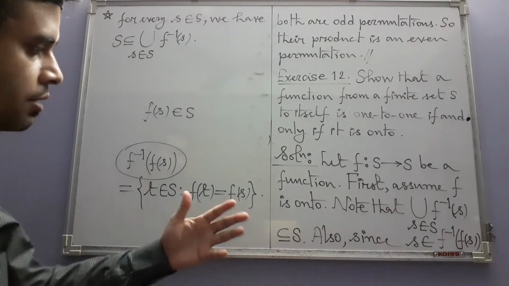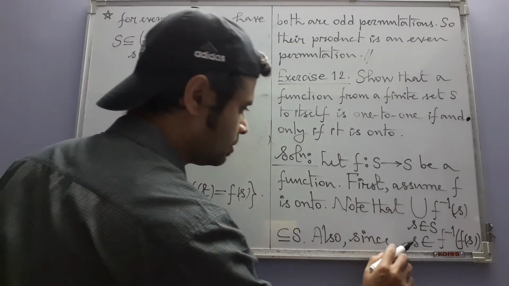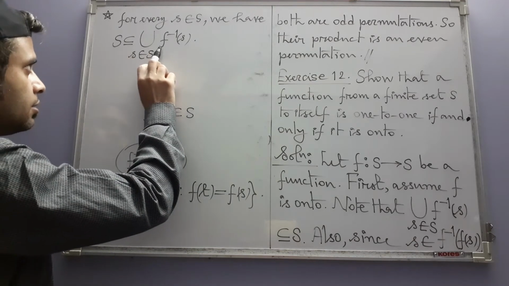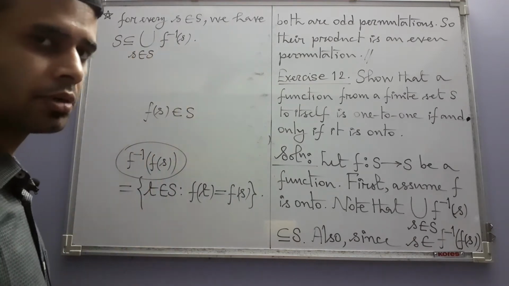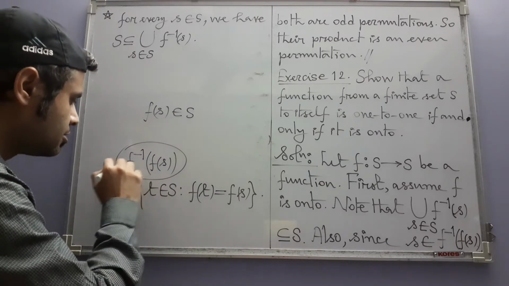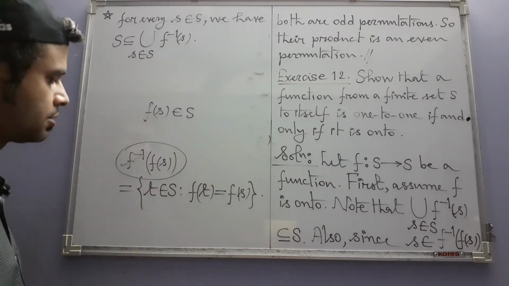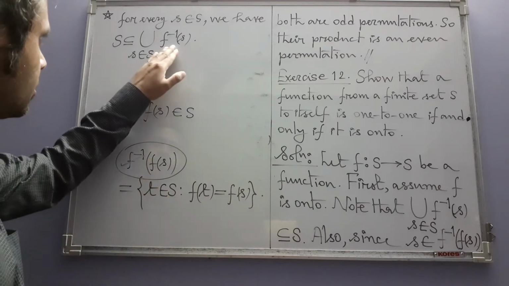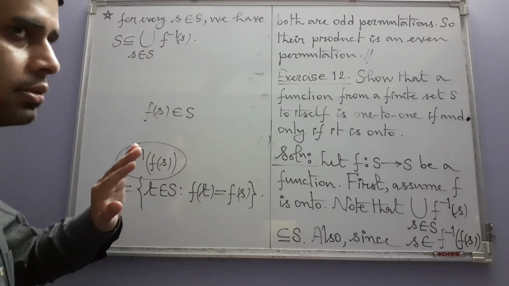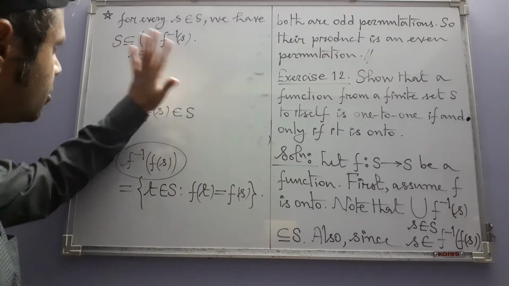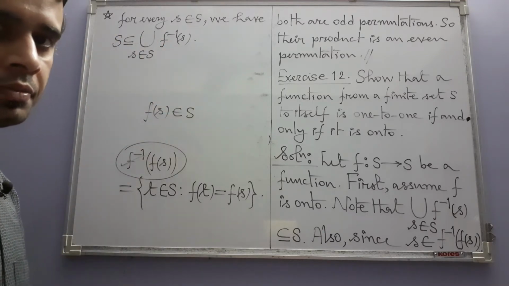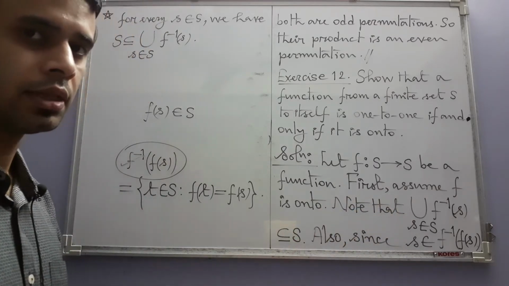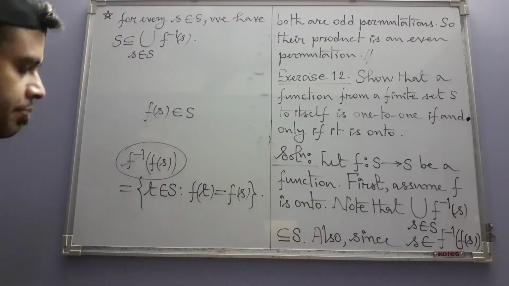So any element of capital S is inside some such inverse image. That means if we take the union of all the inverse images, that will contain every element of S, and so S is also a subset of the union. Combining these two inclusions, they now become equal.